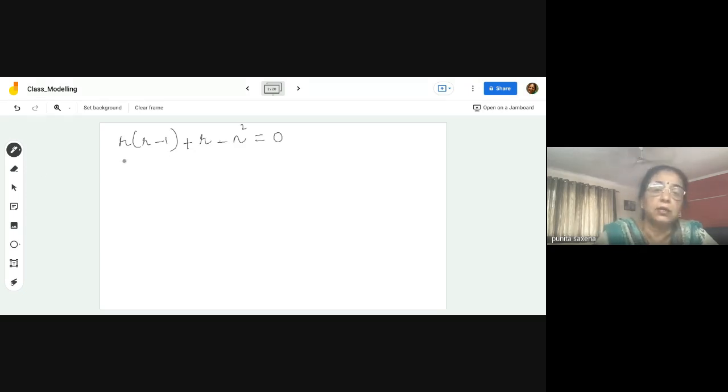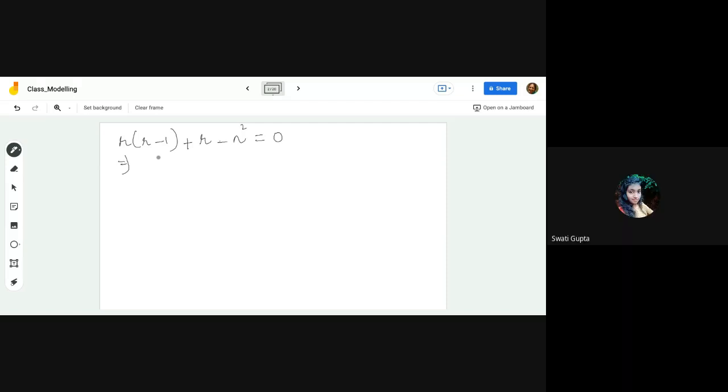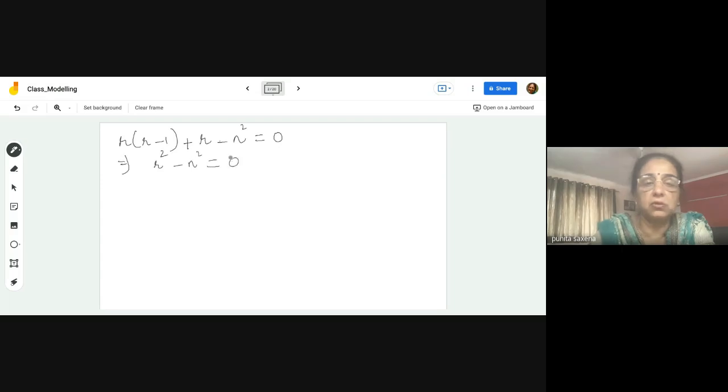Is that okay? So what are the two roots? Basically you are getting r² − n² = 0, which gives r as plus or minus n.